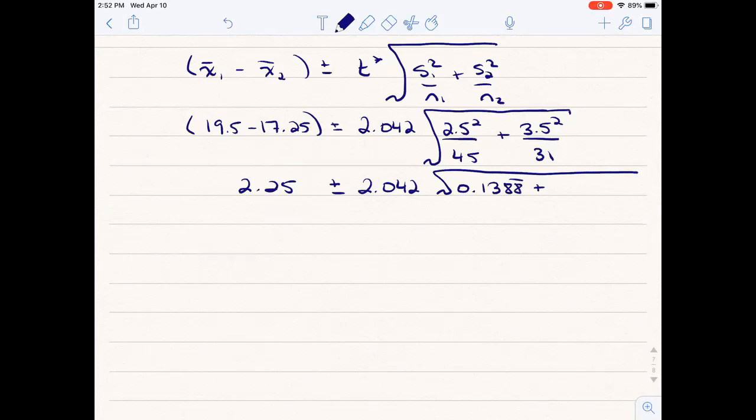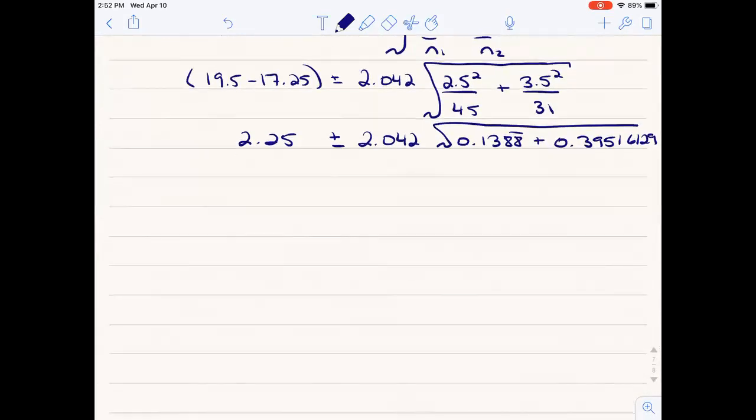I'll store that. And then 3.5 squared divided by 31 is 0.39516129, plus recall 1, plus minus 2.042, 2.25 on the left.